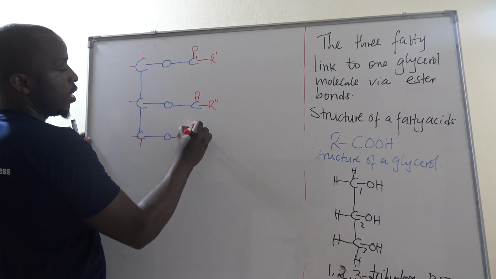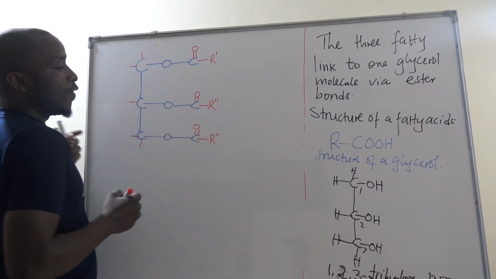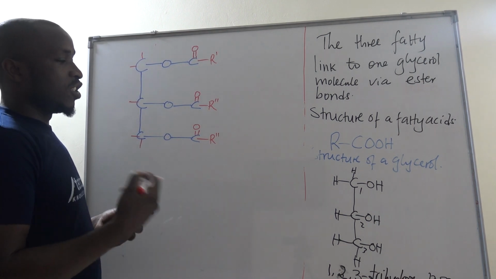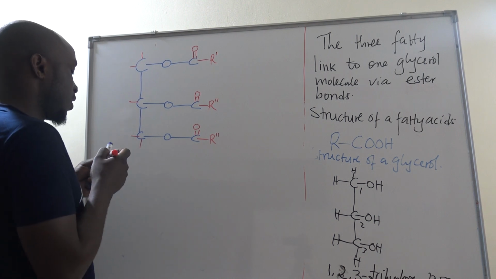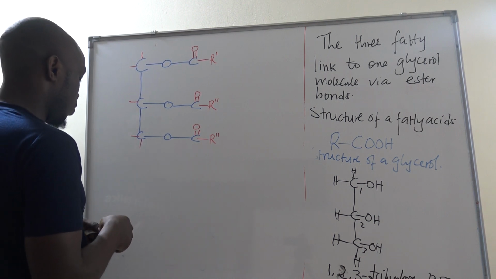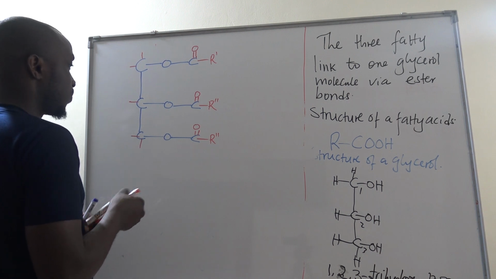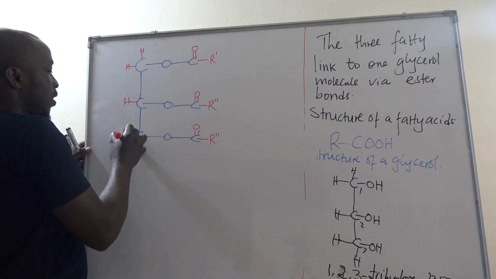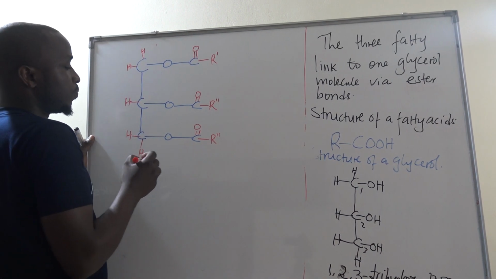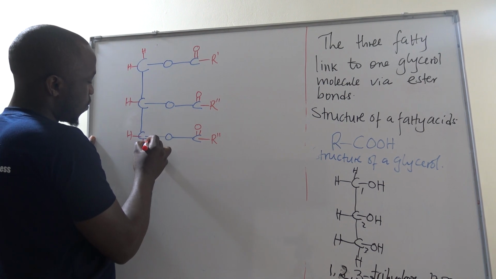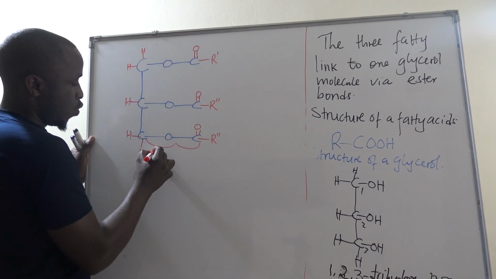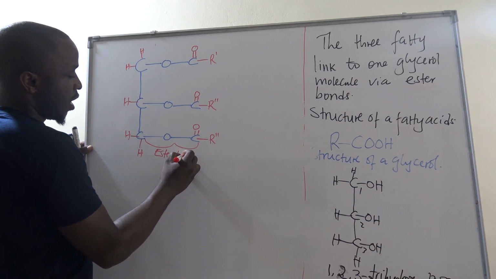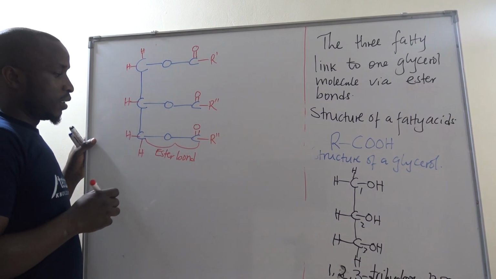You can find that the fatty acid present from one triglyceride to another is different. That's why you have different lipids, as we are going to discuss in subsequent lessons. So if we are to name this triglyceride molecule, this from here up to there would be the ester bond.